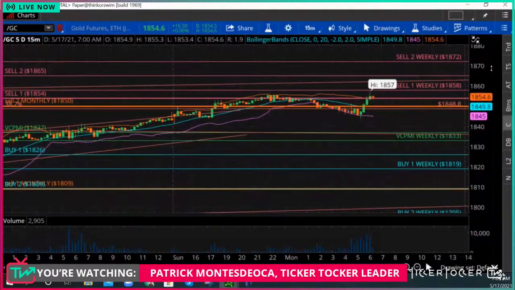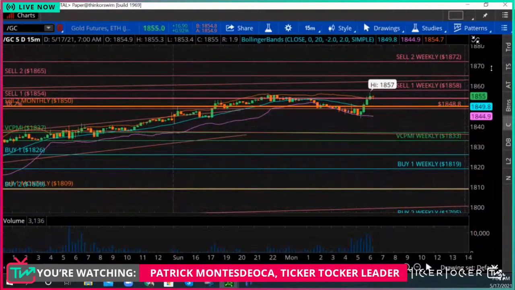The extreme level below the mean is 1826, as you see on the left of the chart, and the buy-to level is 1809. These are the pivot points for the daily structure, which are embedded in the code of the VCPMI, which is written in C++.